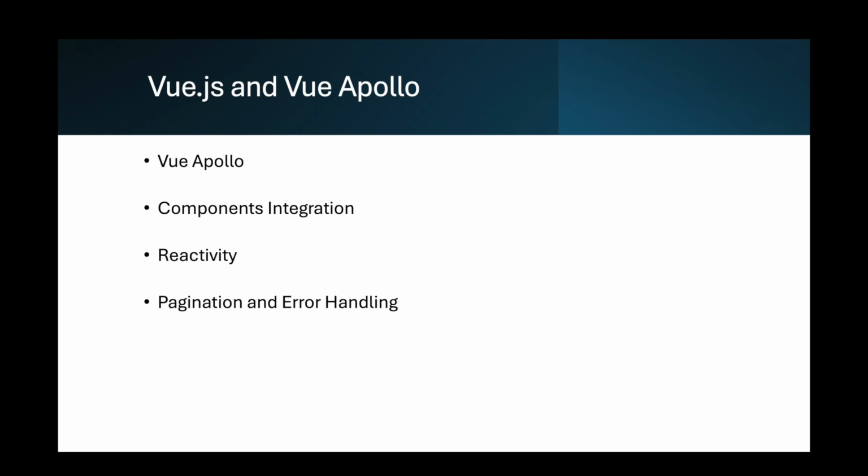Reactivity. Now you can take advantage of Vue Apollo's reactivity system to automatically update the UI in response to changes in the underlying data provided by GraphQL queries. You can also use pagination and error handling, where you implement pagination and error handling strategies with Vue Apollo to manage large data sets and handle errors gracefully.